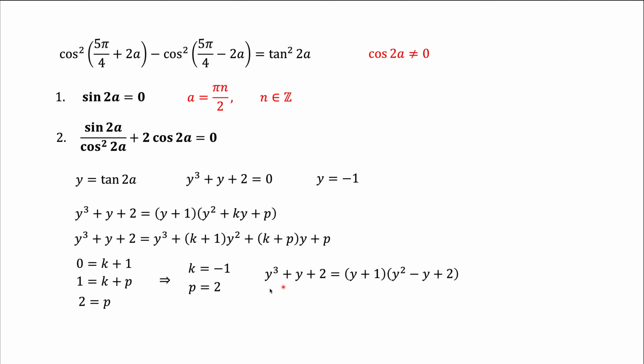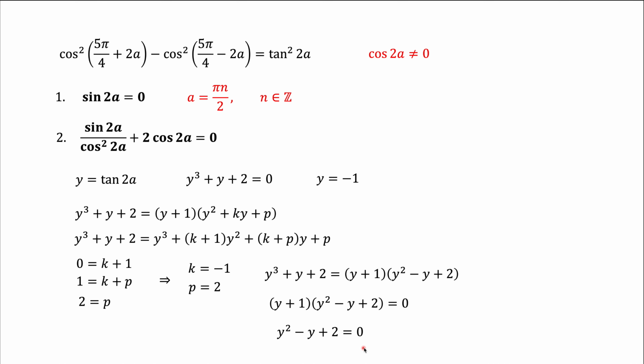Now, our cubic polynomial could be expressed in this way. And we remember that the polynomial should be equal to 0, right? And that would be 0 either when y equals -1, when the first parenthesis is 0, and we already found this, or when this quadratic term is 0, which means that I need to solve this quadratic equation.